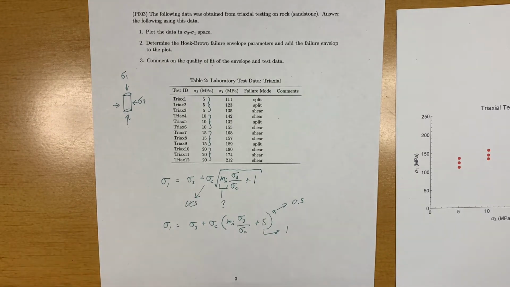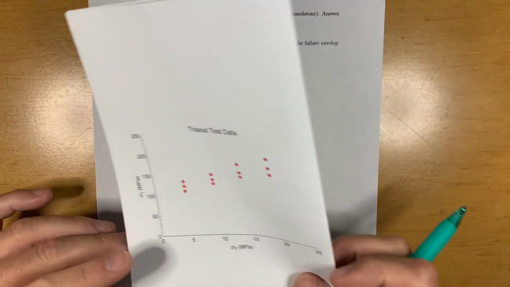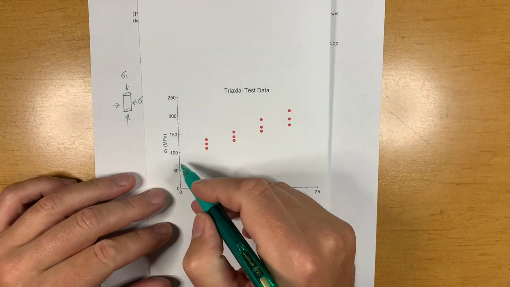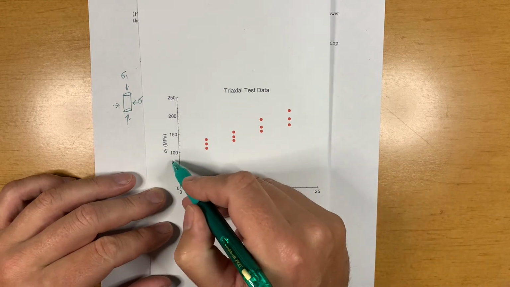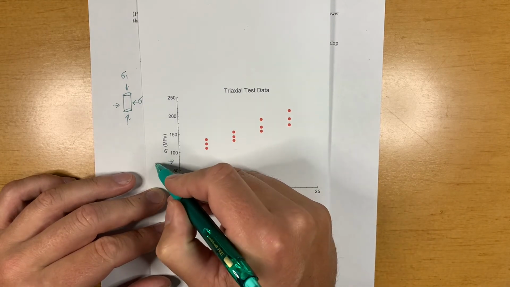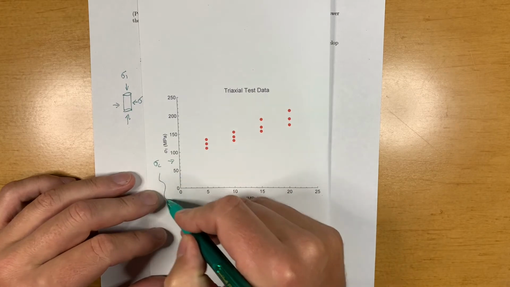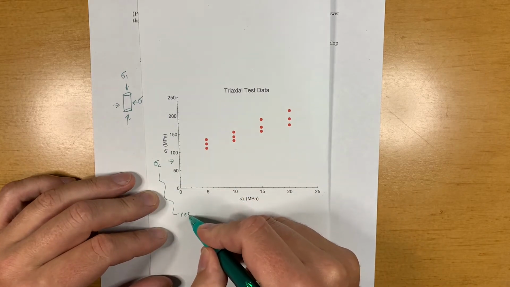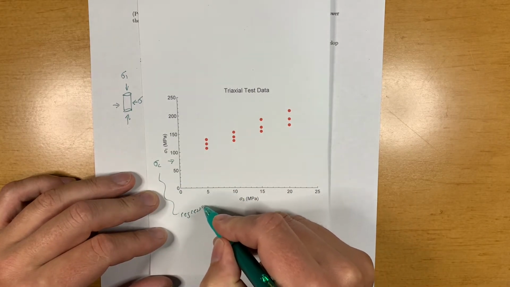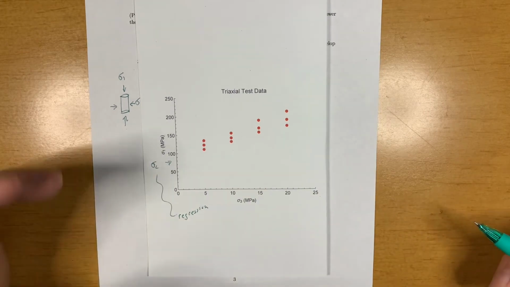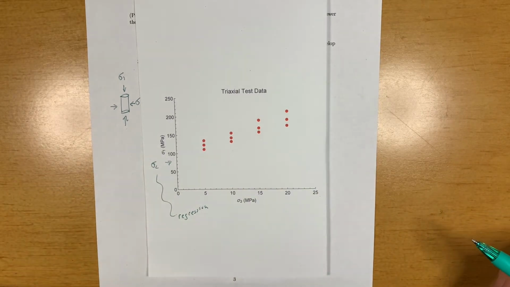But my understanding is the latest version of the Hoek-Brown criterion, in a paper in 2018 by Hoek and Martin, they recommended that the value of sigma c should really be based on this regression, as opposed to getting it directly from the lab tests.